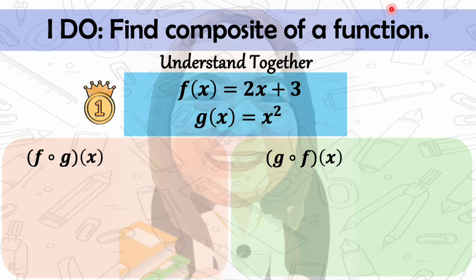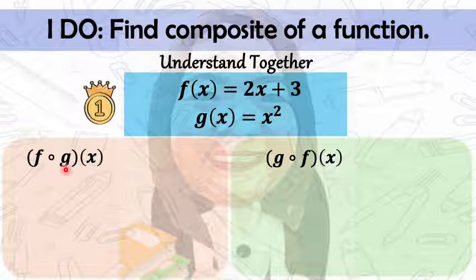Now let's consider these two functions, f of x and g of x. We're going to determine the composite of a function f composite g of x and g composite f of x. Let's start with the first one. This means that you are going to plug in the g of x to the function of f.